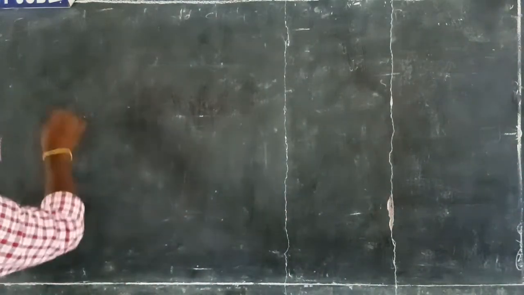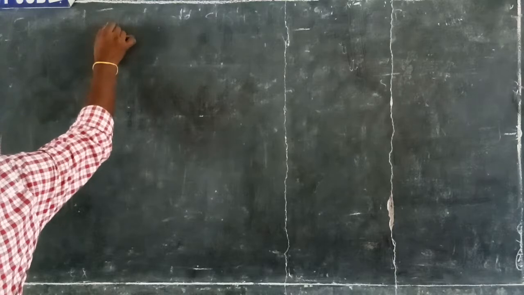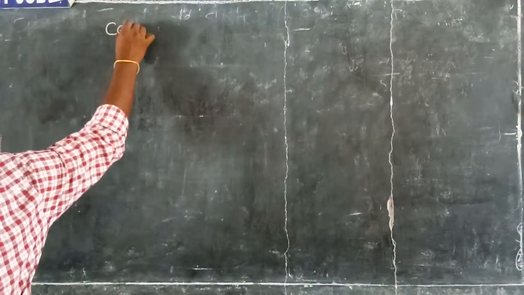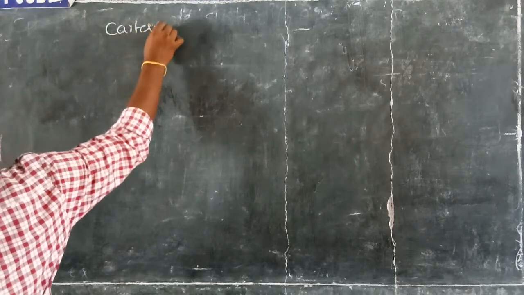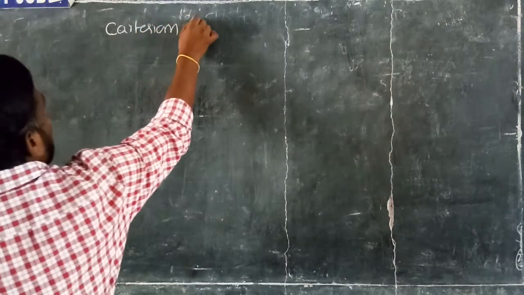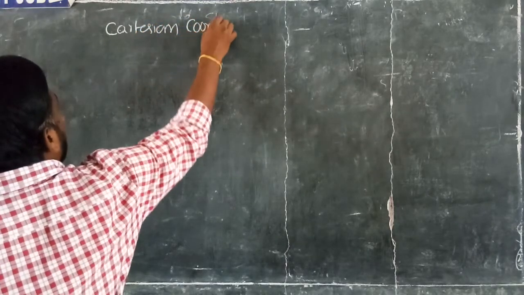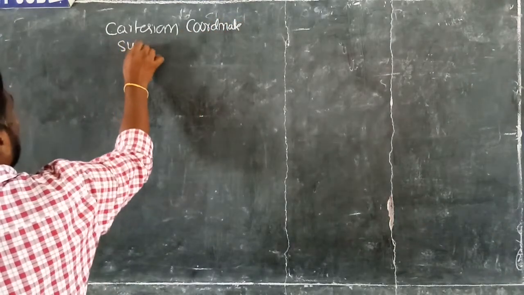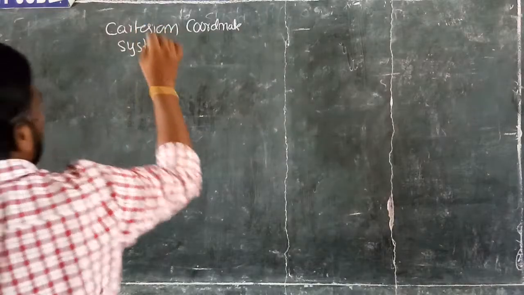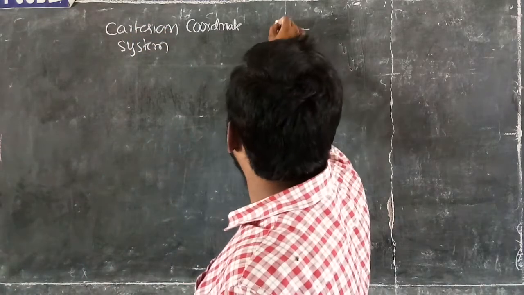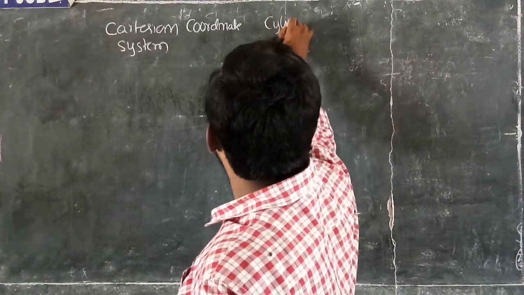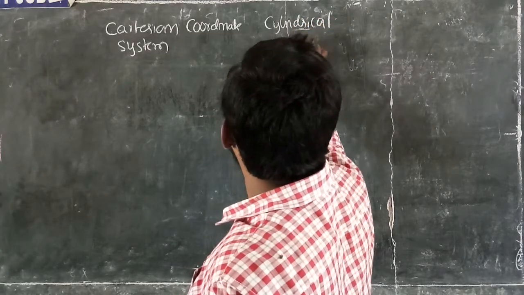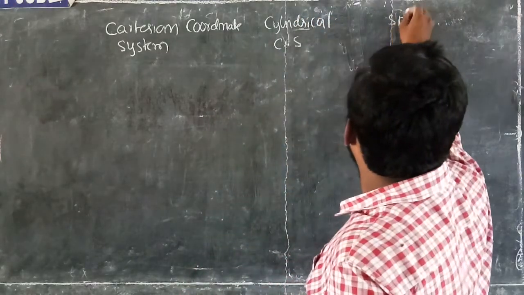Okay. This is the first column, the Cartesian coordinate system, then the cylindrical coordinate system, and the spherical coordinate system.